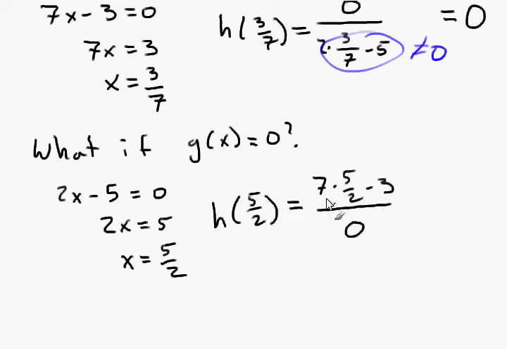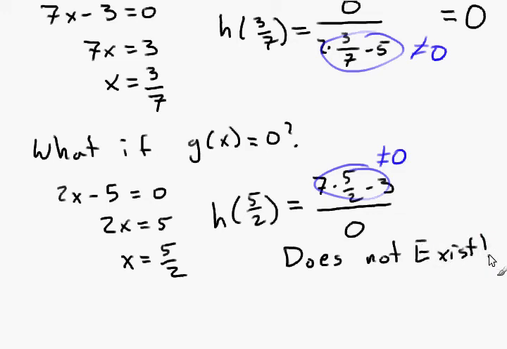And once again, this is not 0. So we have something that's not 0 divided by 0. H of 5/2 does not exist because of that division by 0. We can't have that.